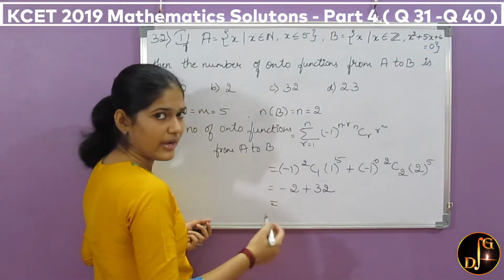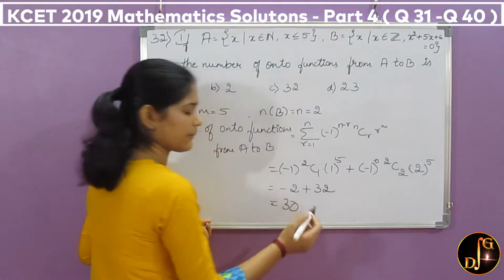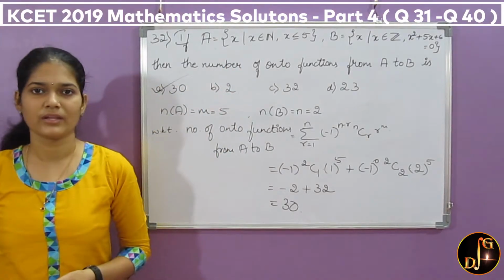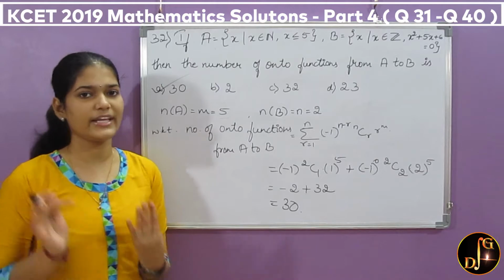So on simplifying, this is nothing but 30, right? So the correct answer is option A. So now let's move on to the next problem.